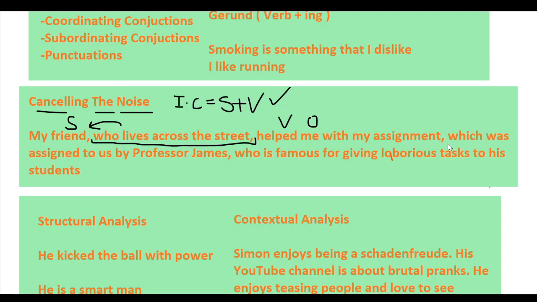Then again, which, starting from which all the way to James, is another relative clause, giving me information about the assignment. And starting from who all the way to students, this is another relative clause, giving me information about Professor James, who is famous for giving laborious tasks, and so on.